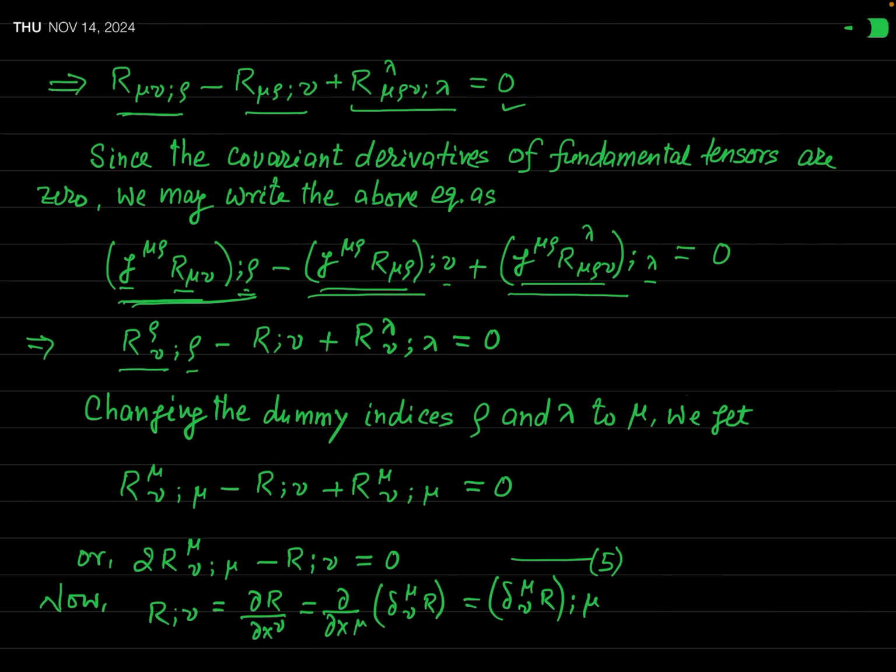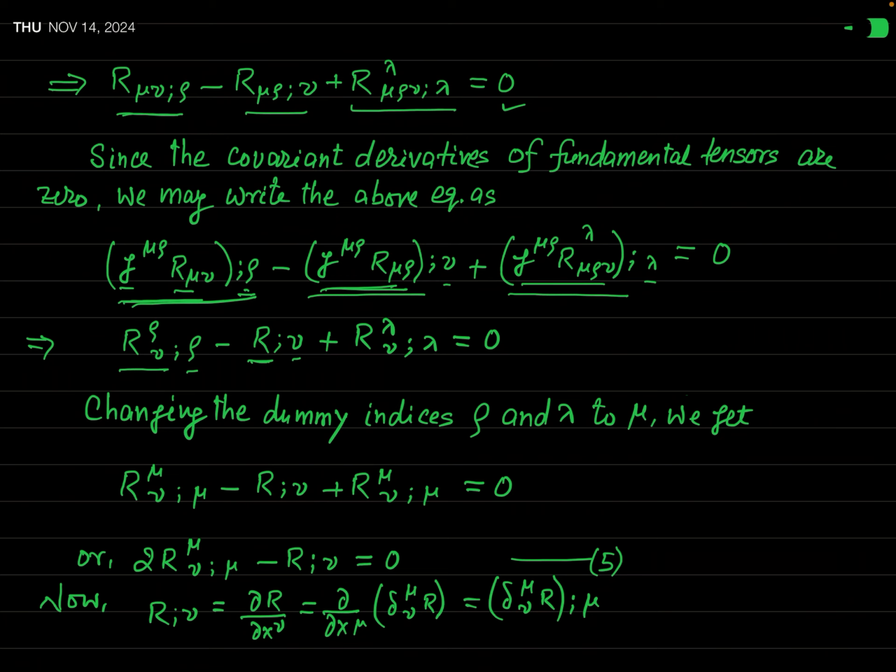Okay, and see this second term. Here both the indices mu and rho are common, so both will be omitted, and therefore this product will be just a scalar or invariant. So this R is a scalar or invariant which is called the curvature scalar, and we have to take its covariant derivative with respect to nu.